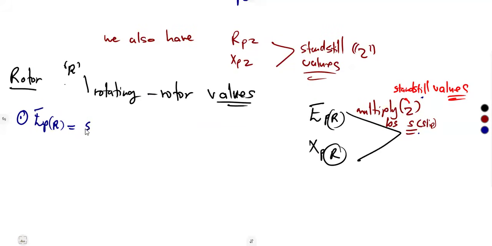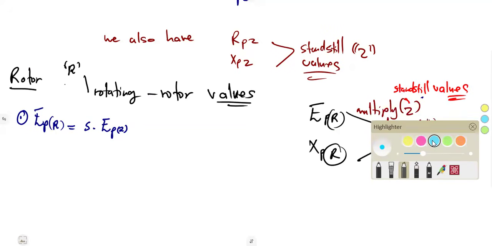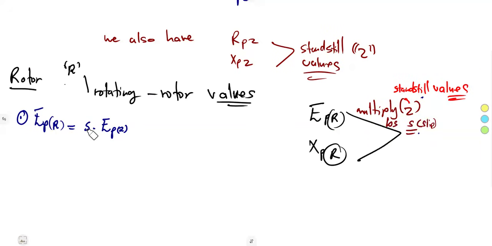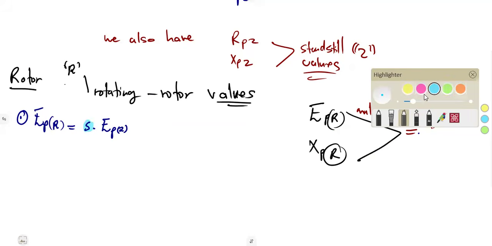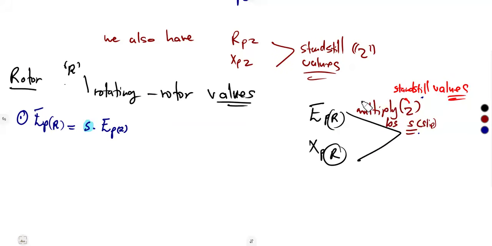So it's going to be slip times the standstill value, which was denoted by E2. So this is the only case that is happening, guys. We're just taking the standstill values as we have them, we're just multiplying by the slip.